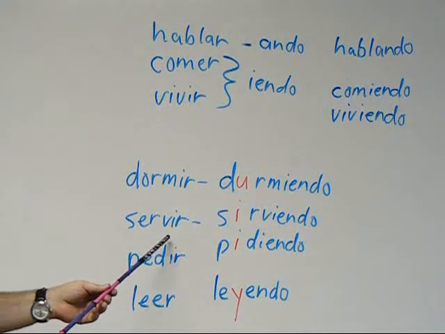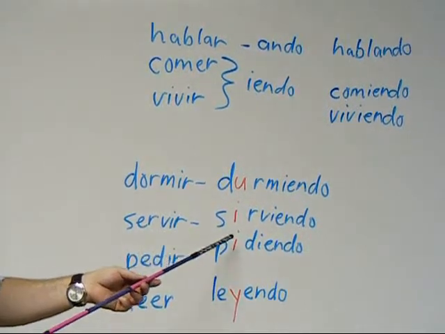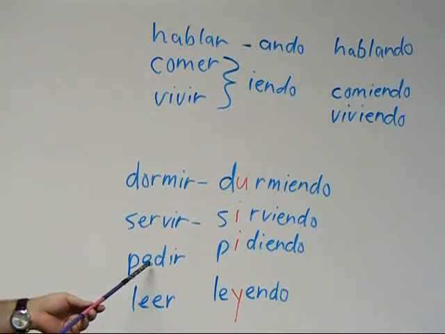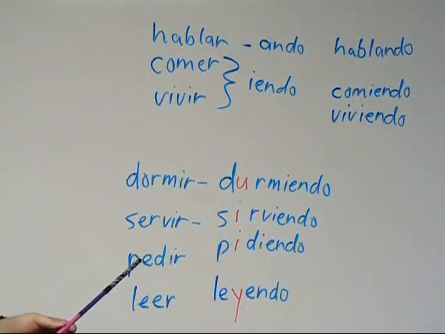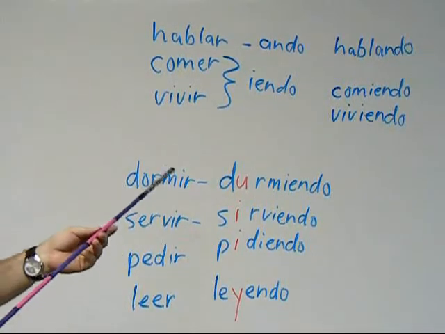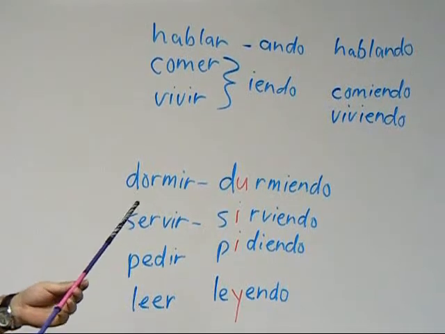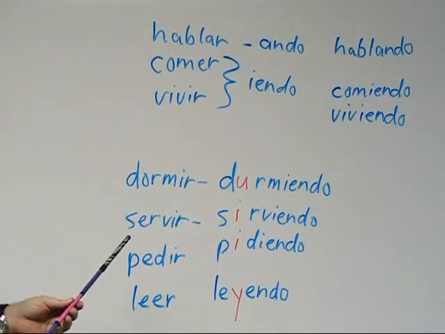The verb servir, to serve. The present participle goes E to I: sirviendo. The same for pedir. It's pidiendo, for asking or ordering. And again, it's common for the -IR verbs to have some sort of stem change in the present participle.